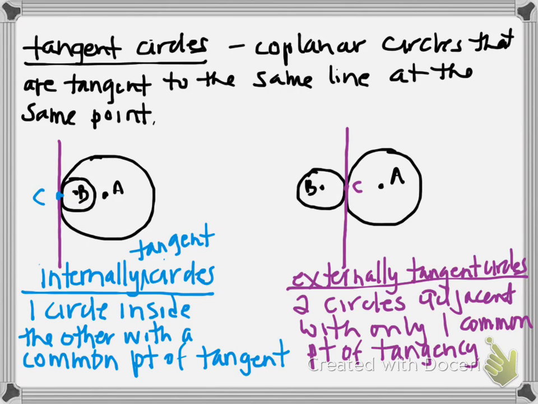So the difference between internally is one circle's inside the other with that common point of tangency. Externally, they're adjacent or outside of each other, okay, with only one common point of tangency. All right, that's it for the notes.